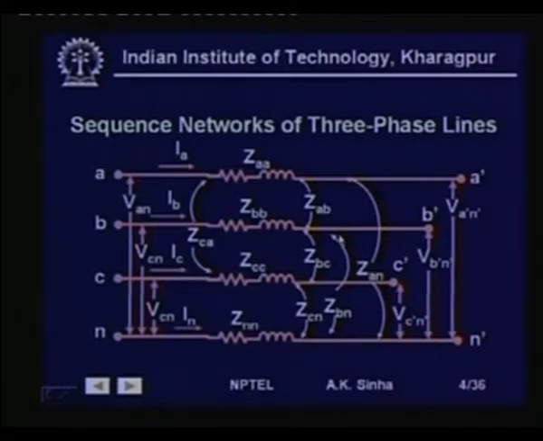Similarly, between each conductor and the ground we will have ZAN between conductor A and N, ZBN between conductor B and N, and ZCN between conductor C and N.